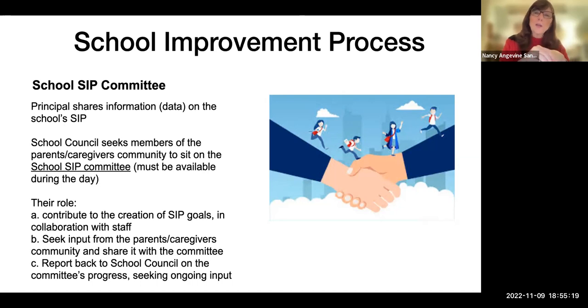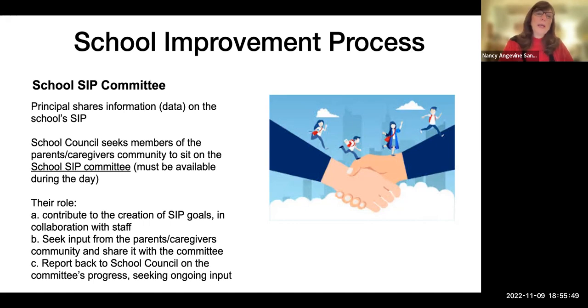The school council's role in this process is to seek members of the parent and caregiver community to sit on the school SIP committee, making it clear when the committee meets, almost invariably during the day, so that any parent or caregiver who was interested in joining would have to be available during the day at the specific times that they meet so they could take part.